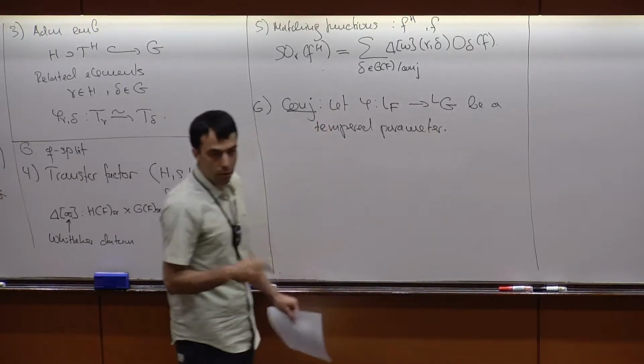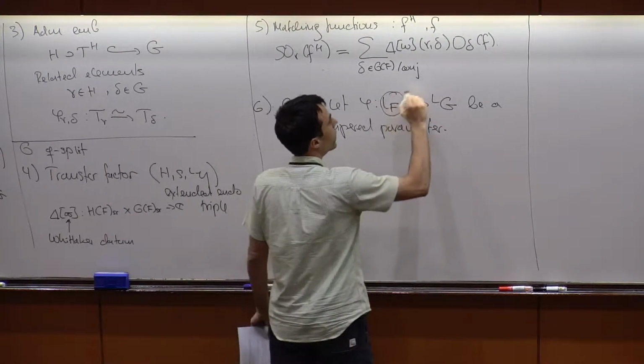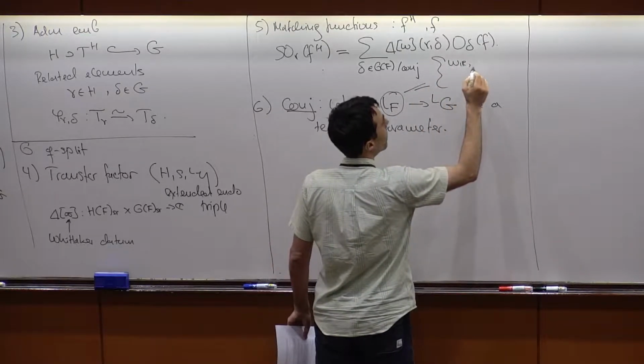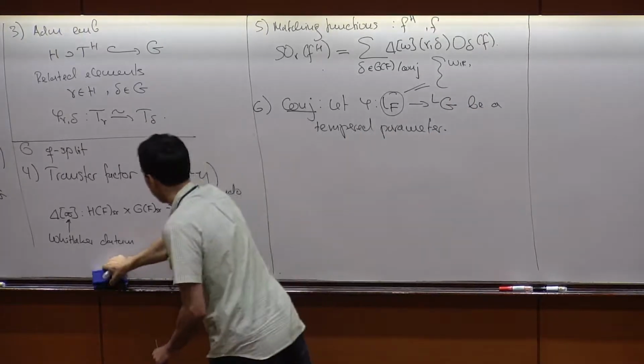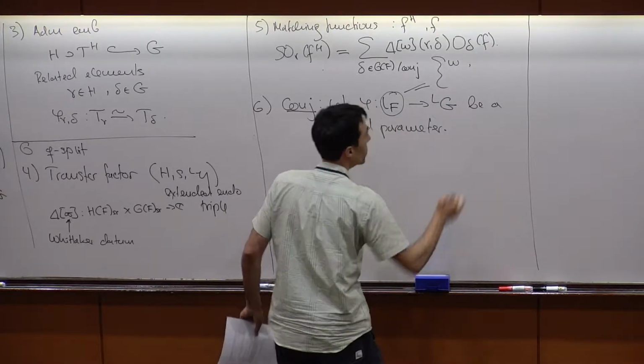I'm using here Arthur's notation for the so-called local Langlands group. So this is simply the Weil or Weil-Deligne group, depending on whether, well, let me not leave out C as a possibility.